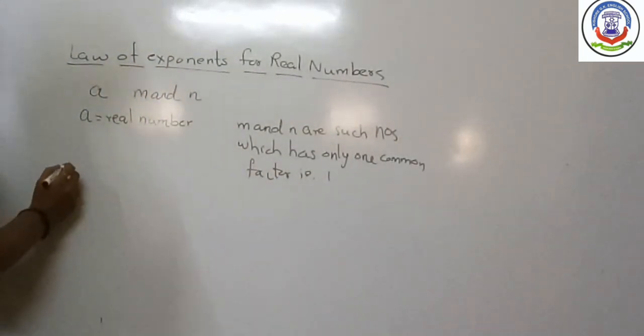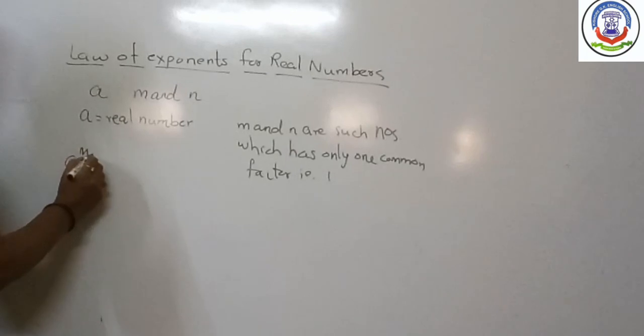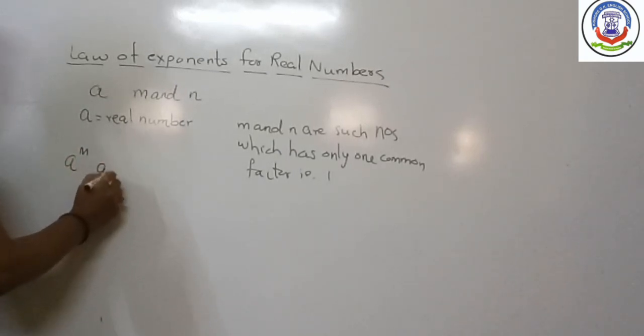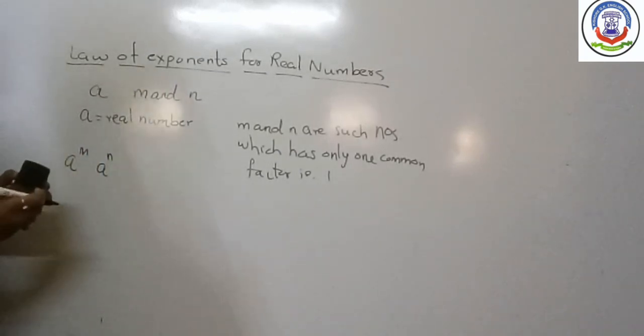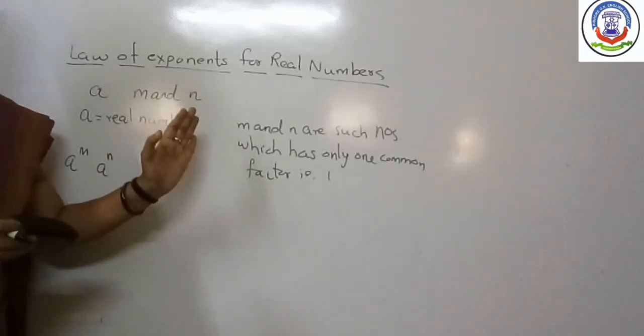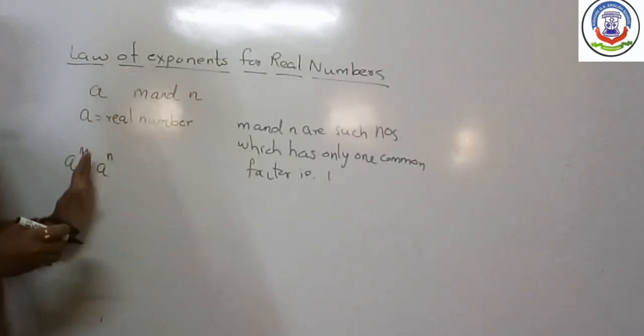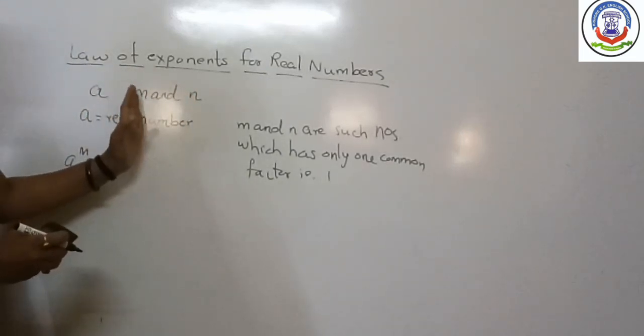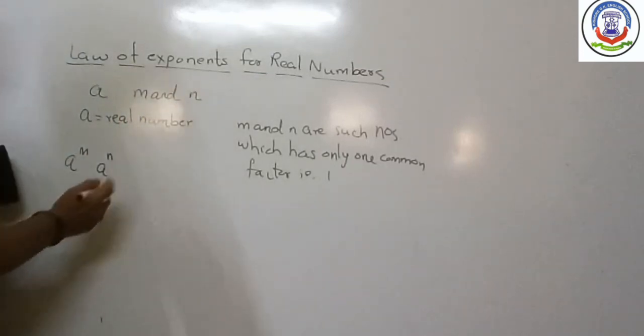Now in that case we will extend this law to a^m into a^n. Previously we saw that a, m, n were all natural numbers. Now here a is a real number, m and n are integers.